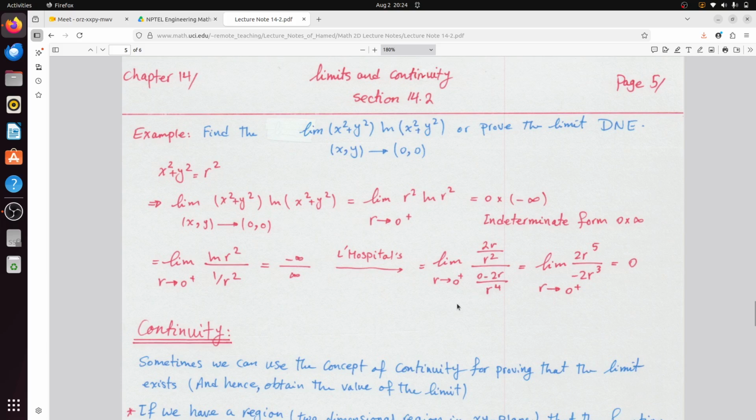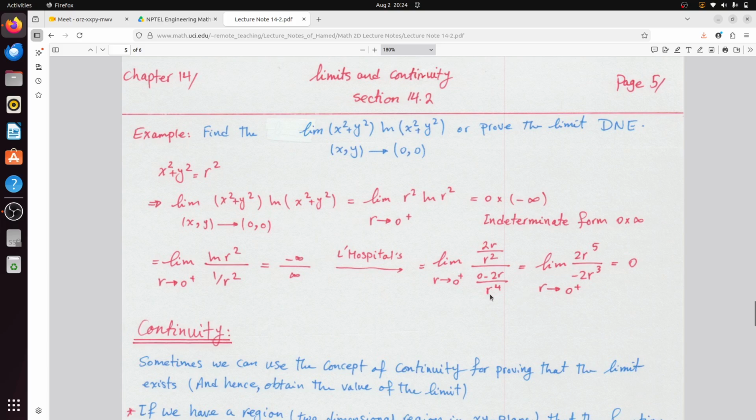the derivative of 1 by r square, which will be minus 2 by r cube, minus 2 by r cube.